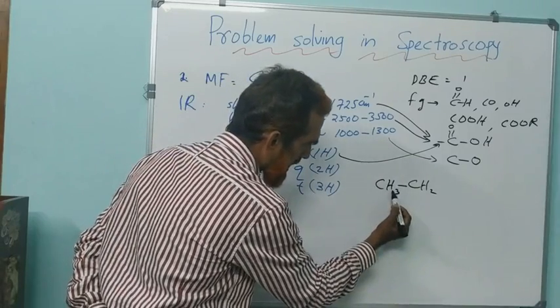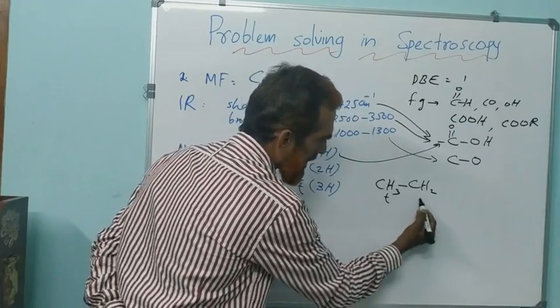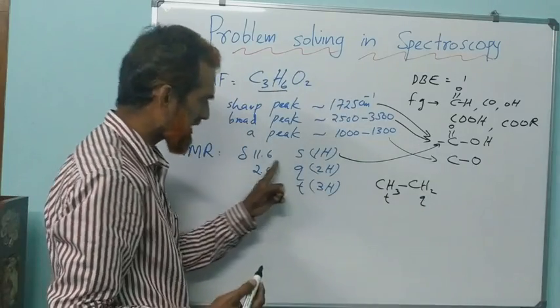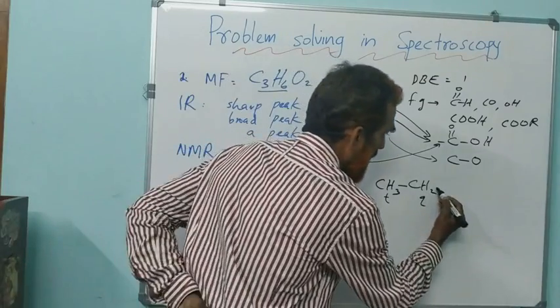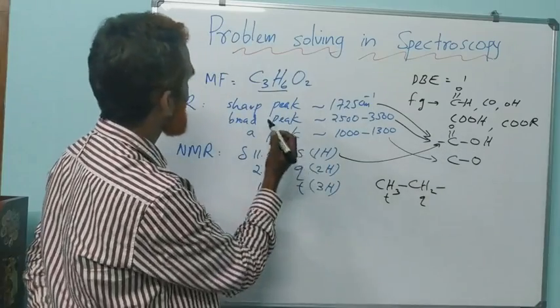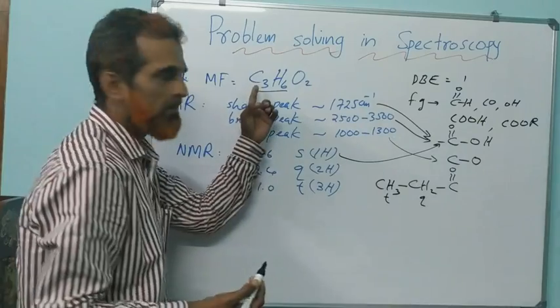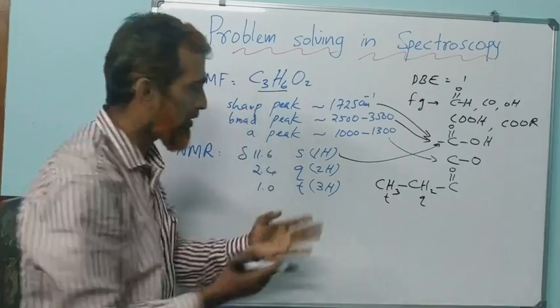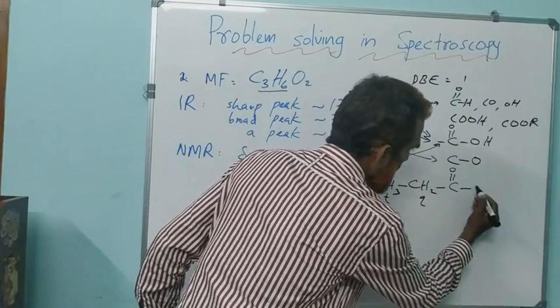So this is becoming a triplet and this is becoming a quartet. And again, this quartet is at a chemical shift of 2.4. It is de-shielded because it is connected to the carbonyl group. Now, of course, this is a very simple molecule, only 3 carbons, so it is all confirmed now: CH3, CH2, COOH.